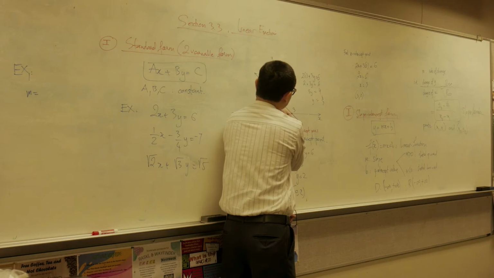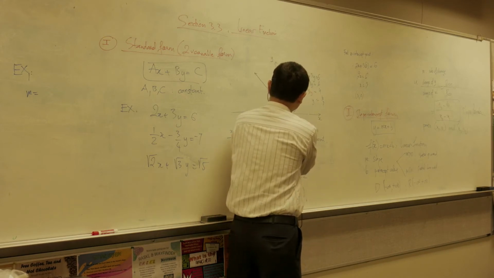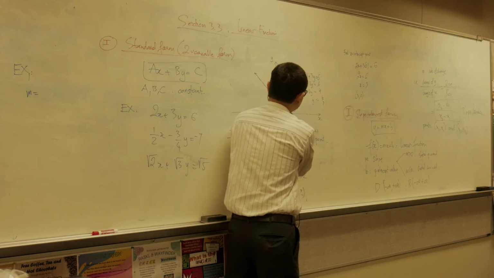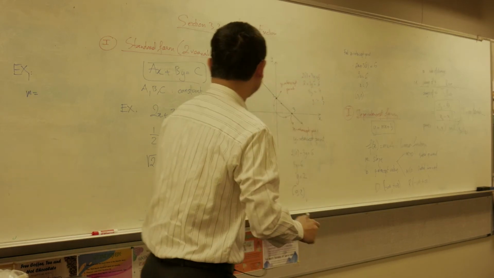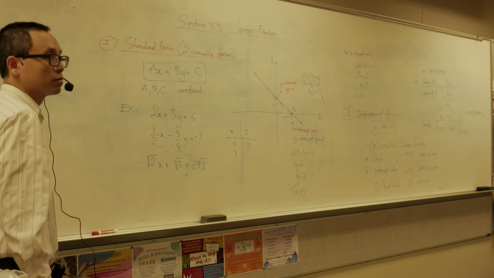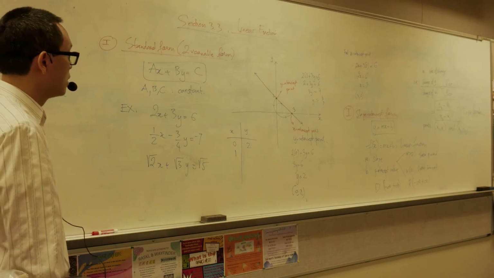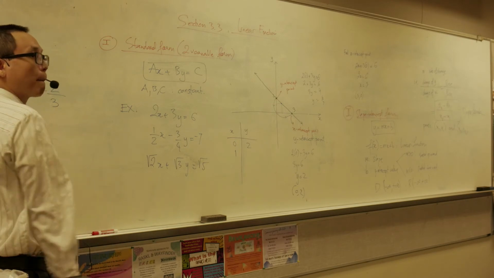You go from here to here, 2 units. If you go down, you put negative, so your rise will be -2. Then you go to the right, positive, 3 units.